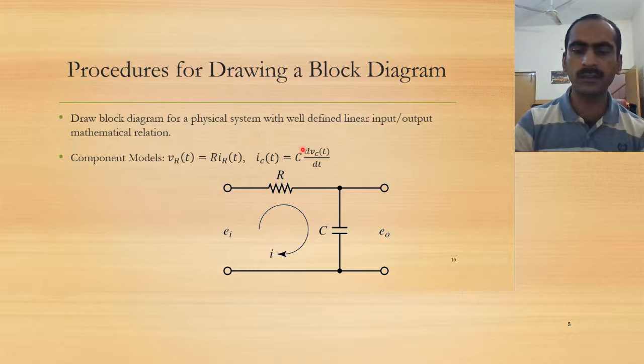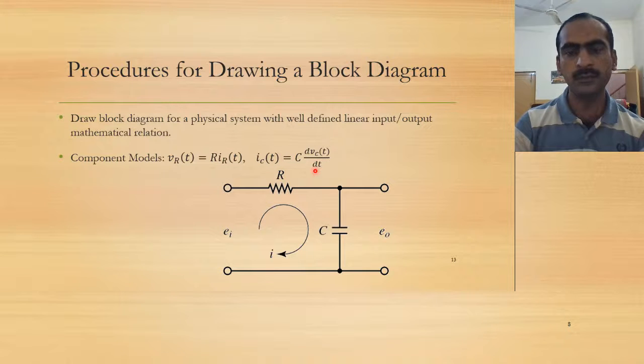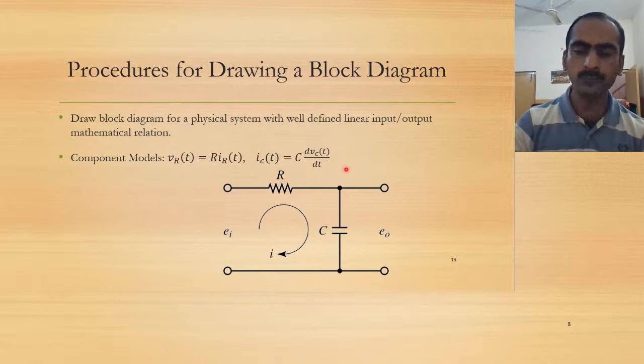Similarly, for a capacitor, the physical description is that the current through the capacitor is capacitance times the time derivative of the voltage across the capacitor. So we apply KVL in this loop, and write the equation for this circuit.